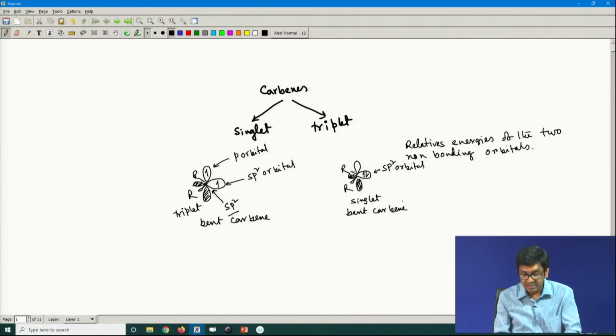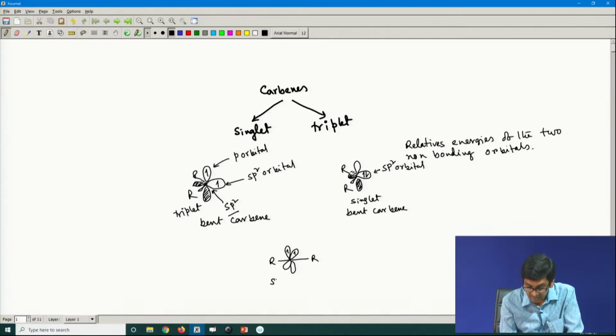Okay. So, these all have sp2 hybridized centers, but in the case of linear carbene, there are two p orbitals which are orthogonal to each other. And in these two orthogonal p orbitals, the electrons are there in parallel spin.